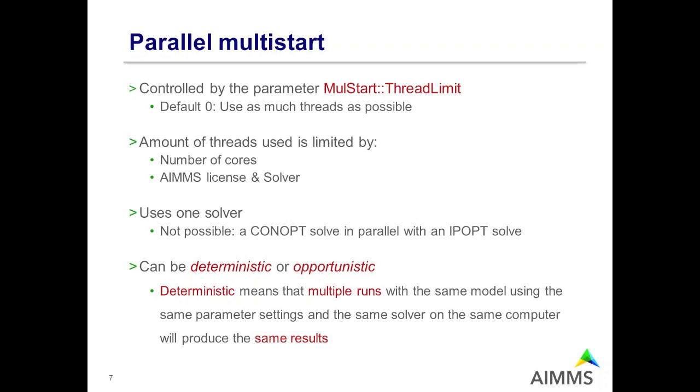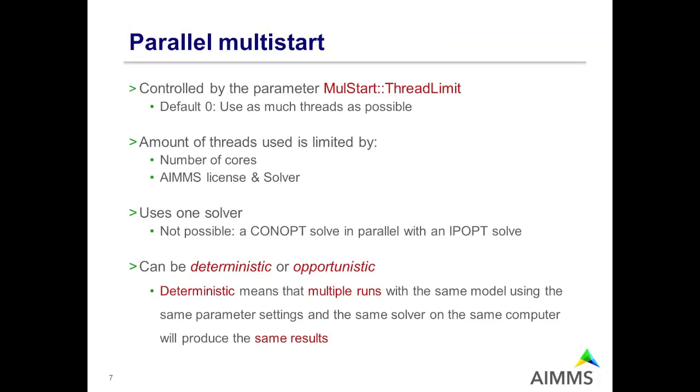However, you could modify the multistart algorithm, because it's an open algorithm, in such a way that you have 2 or even 3 different solves in parallel. It's possible, but not with the current implementation. And I have to mention that not all non-linear solvers are suitable to do multistart, but I will come back to that later.